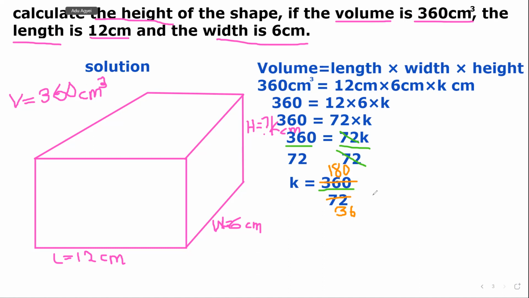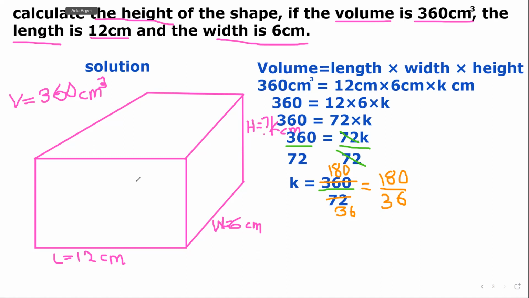Good. Now we have 180 against 36. So the 360 has reduced by 2 to 180, and then 72 has also reduced by 2 to 36.